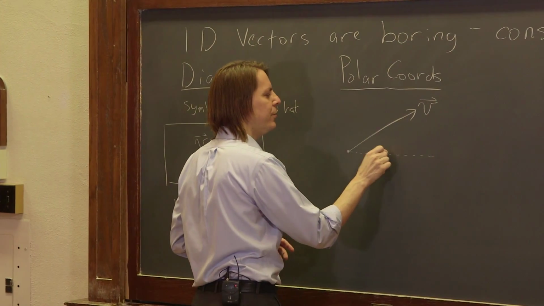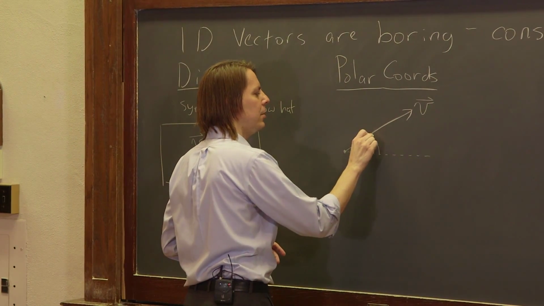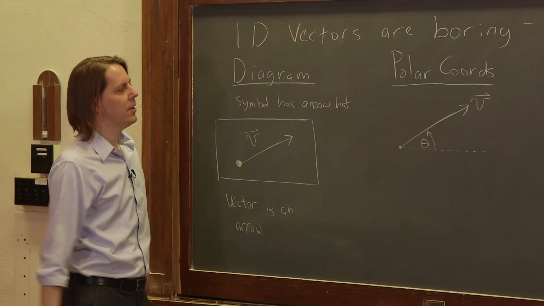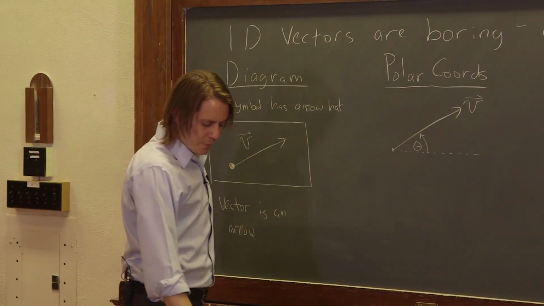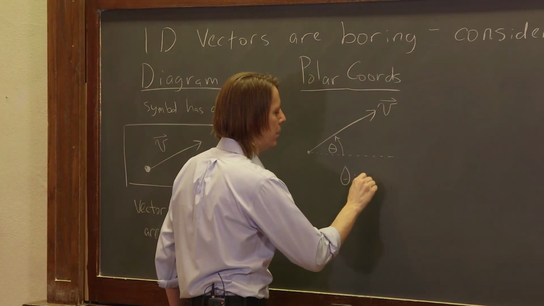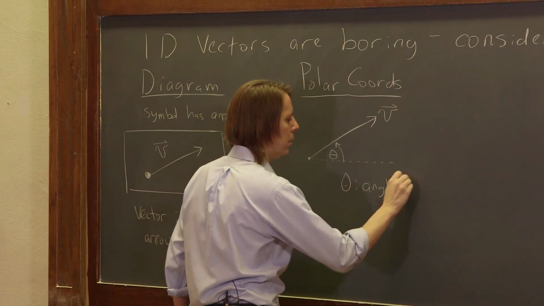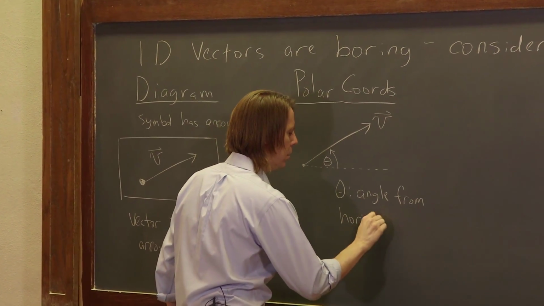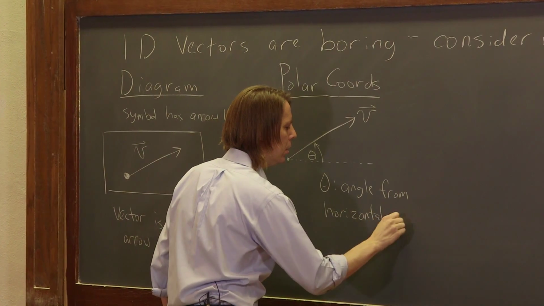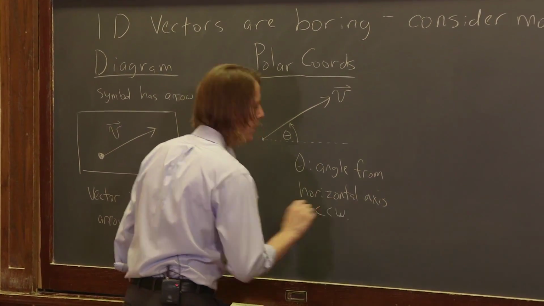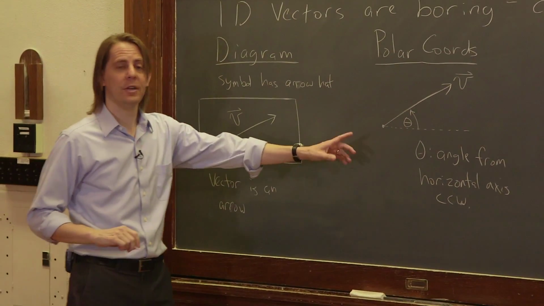So this would be 0 degrees, and if you come up like that, that's theta, the angle theta. So this is the angle from the horizontal axis. Counterclockwise. You got to go the right way. So that's one number, you need theta.